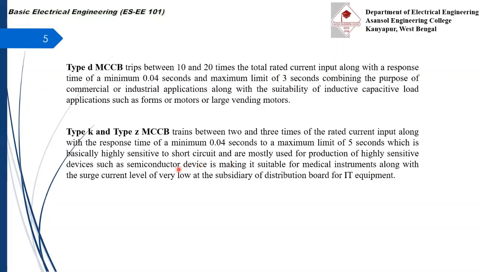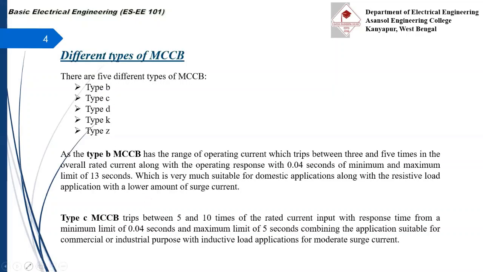So you have to remember these things very carefully. For type B, what is its operating response? 0.04 second minimum to maximum limit of 13 seconds, and its tripping current is 3 to 5 times of the overall rated current, right? In type C, similar thing, 5 to 10 times of the rated current, and the time limit is 0.04 second and maximum limit 5 seconds.